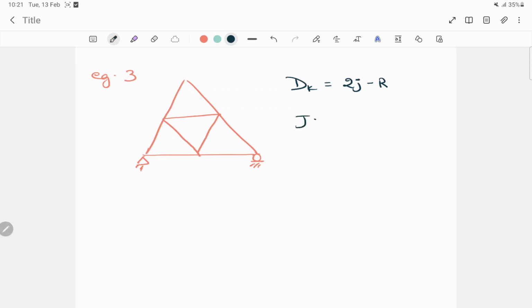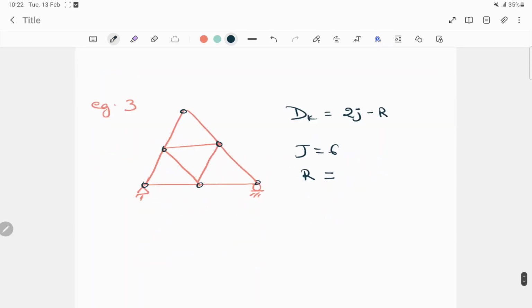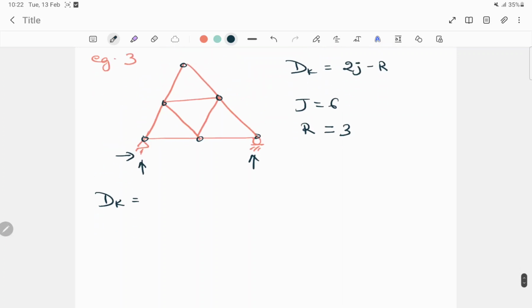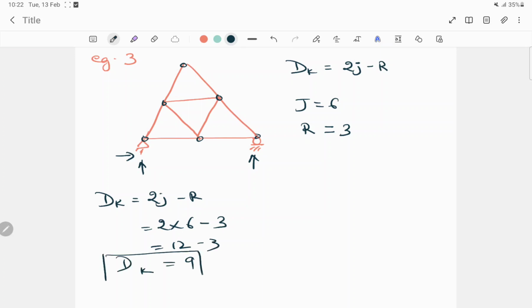Here how many joints are there? That is 1, 2, 3, 4, 5 and 6. And how many unknown reactions? That is 1, 2 and 3. So if we put all the values in this formula, 2j minus r is equal to 2 into 6 minus 3, which is 12 minus 3, equal to 9. Here also we are getting the same answer, that is 9.